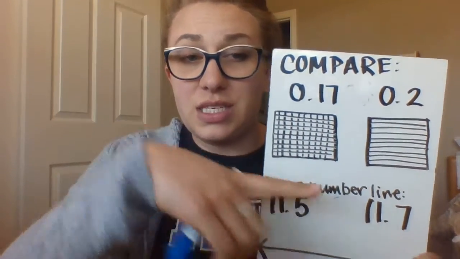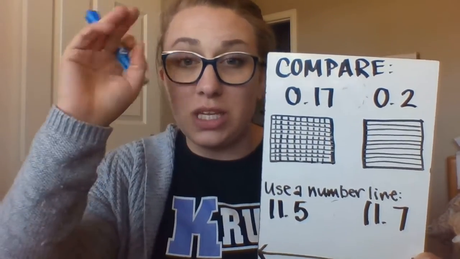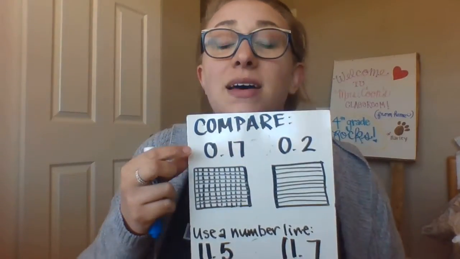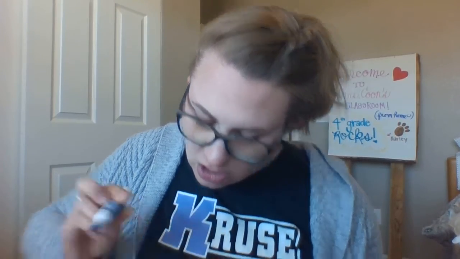The reason why these grids are down here is because that is one way you can compare decimals visually, just by looking at them. So, I know that in the hundredths place, these are all equal to one hundredth. If I'm going to color in 17 of them, I'm going to color in a whole row of 10, and then 7 individually. 1, 2, 3, 4, 5, 6, 7.